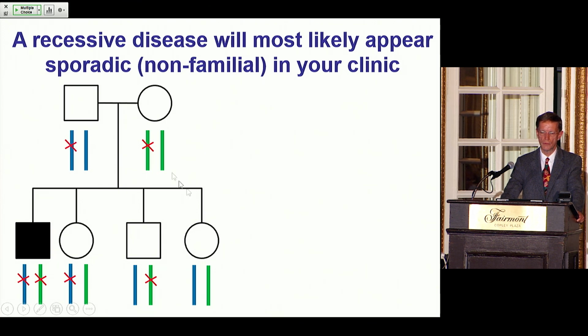Blue is from the dad, green is from the mom. X means mutation, no X means healthy allele. So you can see here 2 of the children will inherit the mutation from the dad, 2 will inherit the mutation from the mom. And statistically, only 1 child will have both alleles mutated and have the disease. 2 children statistically will be healthy heterozygous carriers, and 1 will not even be a carrier.